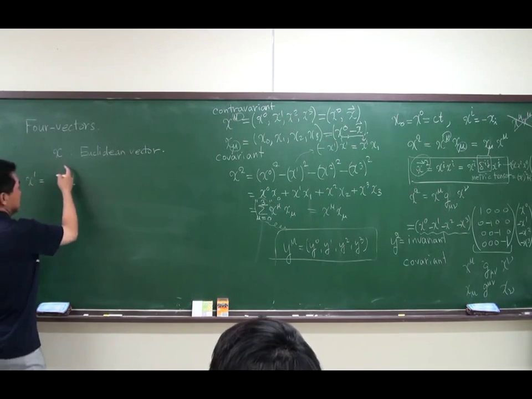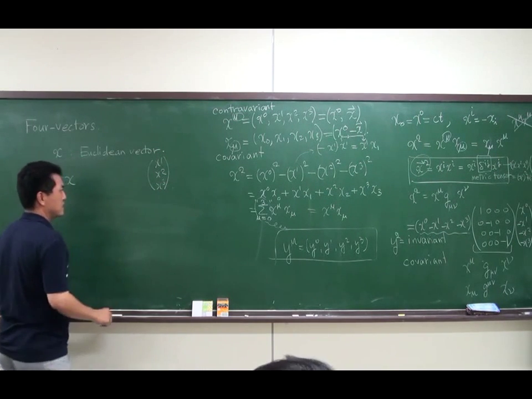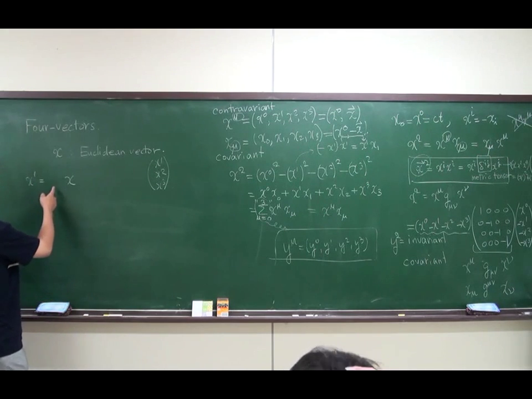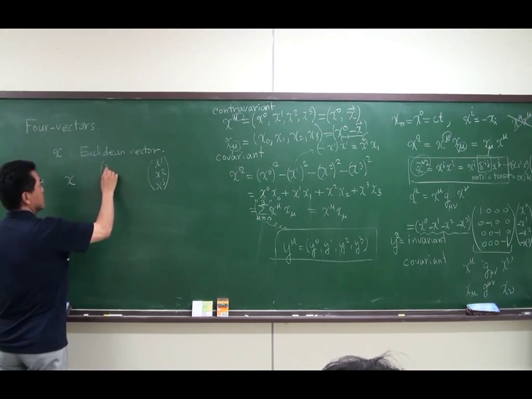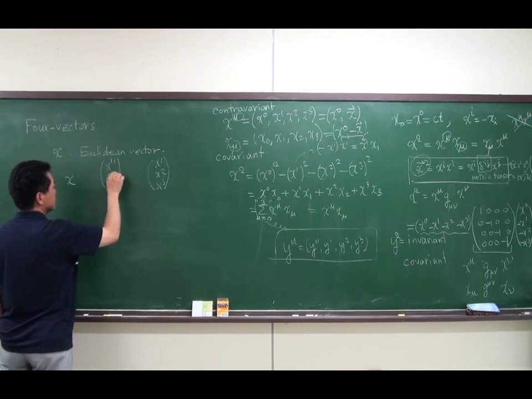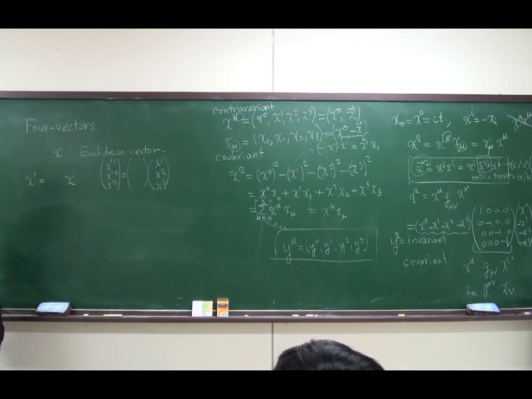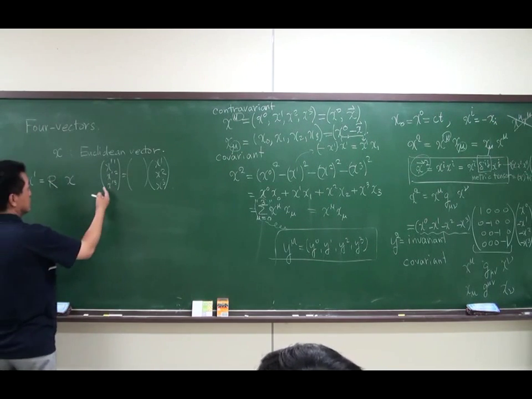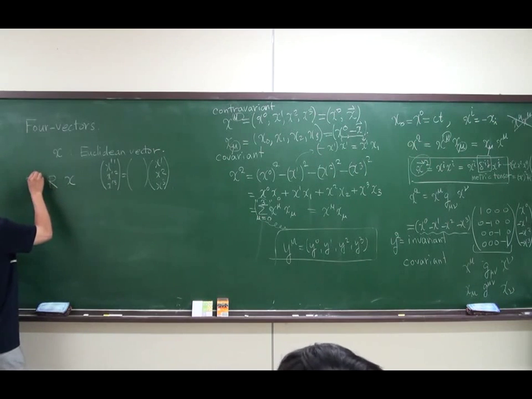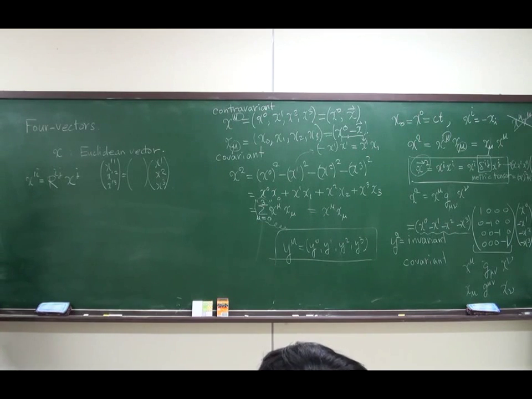If it is a column vector, something like that, then in the prime system there must be some 3 by 3 matrix. So let us call this matrix R. If I make use of components, the ith component is R_ij x_j, right?